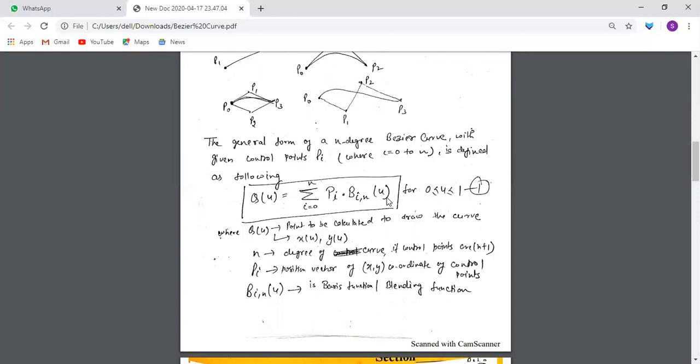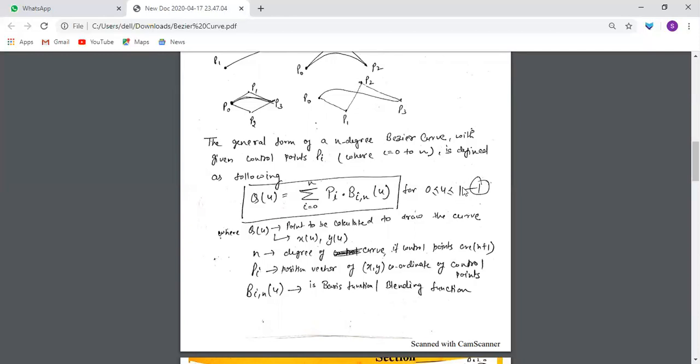I have replaced it with u because in many books they use the term u. You can also use t. So u is the parameter, the time parameter that has the range between 0 and 1. So the value of u would be between 0 and 1. It can be 0 or 1 also.